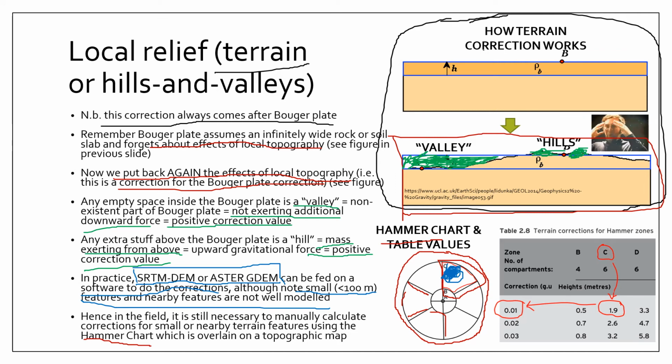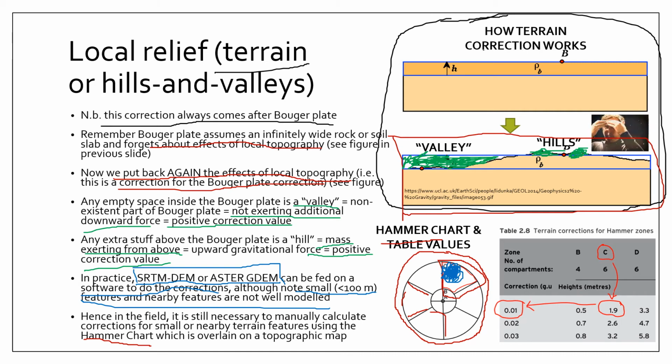What we do here is we just average out. We try to take the weighted average of the relief, or the height, of this compartment. So the hill is approximately occupying half of this compartment. So that would be approximately 2 meters, or 1.9 meters, for example.